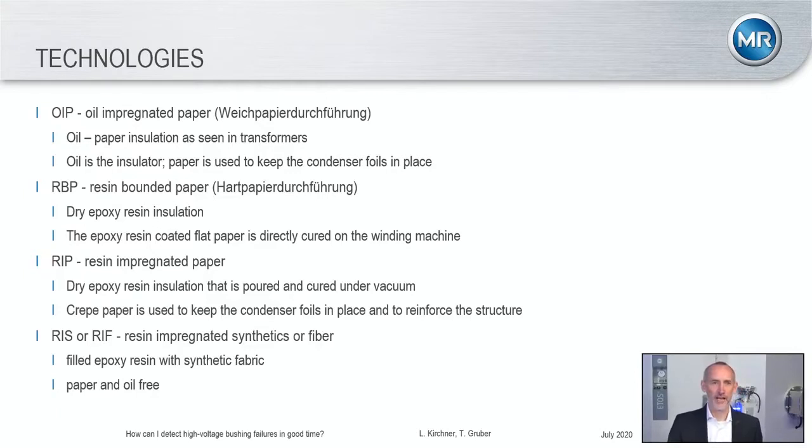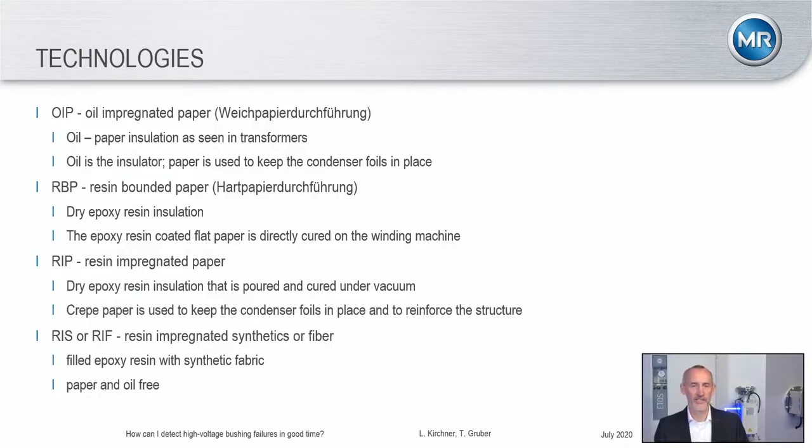A new technology is the RIP bushing, the resin impregnated paper bushing. That's a complete dry bushing. You have dry epoxy resin insulation that's poured and cured under vacuum. And they usually use crepe paper to keep the condenser foils in position. And even more modern is RIS and RIF. So instead of crepe paper in these technologies, they use fabric or synthetics.